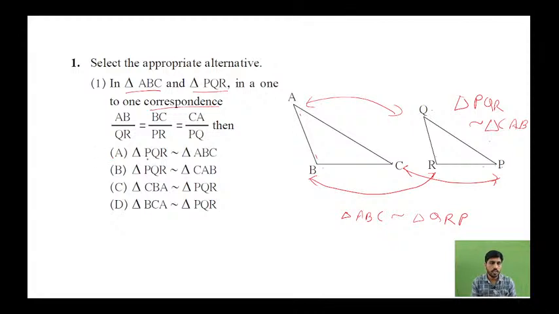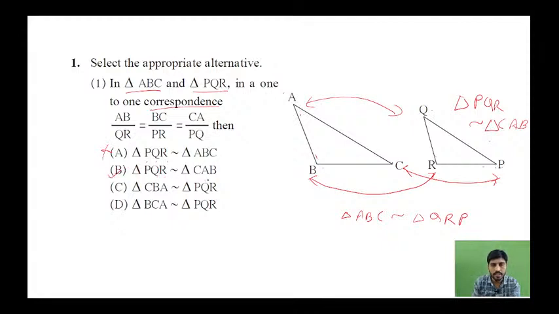So our first option is PQR similar to ABC, but P and A are not in correspondence, as both angles are not congruent. So this is not the correct option.